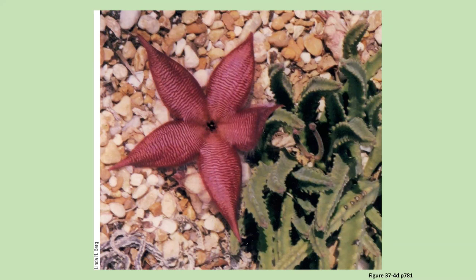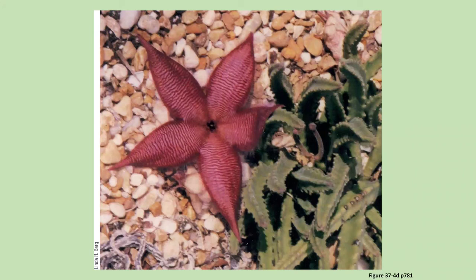This is an interesting flower called a carrion flower. Carrion refers to animals that have died and are rotting. We know that there are certain animals like buzzards that eat carrion, and lots of different insects. And so this flower is attempting to attract flies in order to get pollinated.